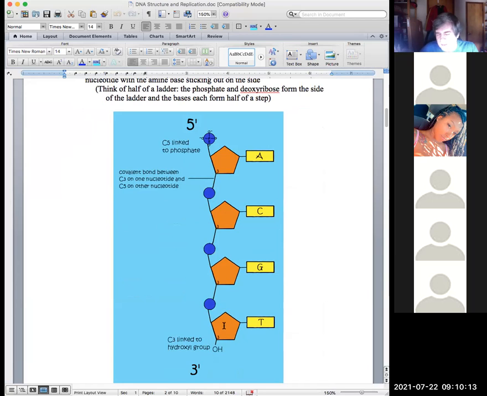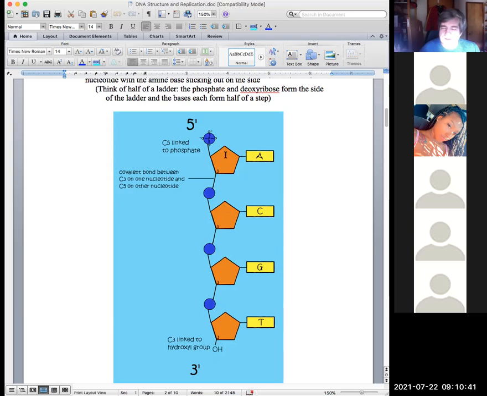Notice that the phosphate is connected to the next deoxyribose sugar. So we have a chain of deoxyribose sugars and phosphate groups, and then sticking off to the side are the nitrogenous bases, the A, Cs, Gs, and Ts. Notice that they're not necessarily in alphabetical order in real life like they're showing here.